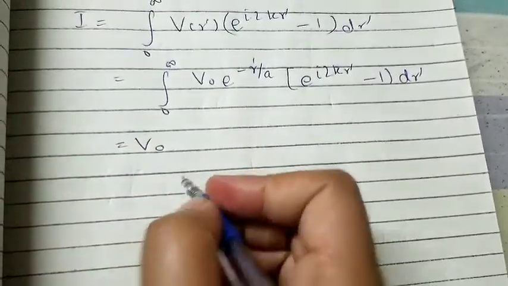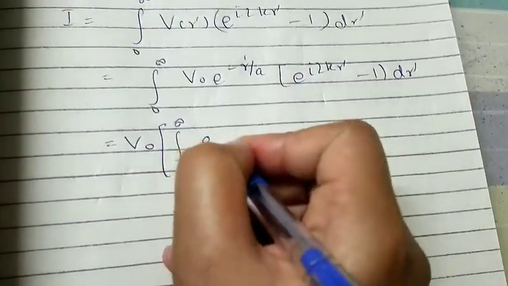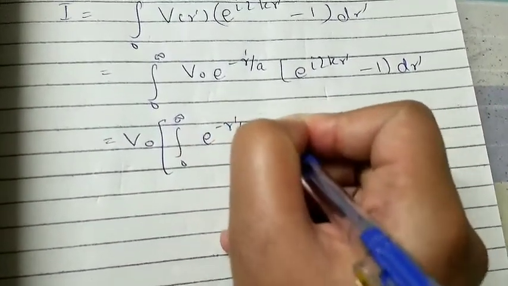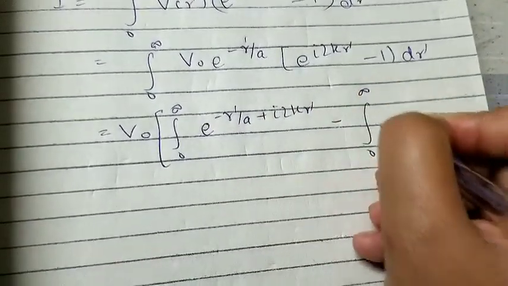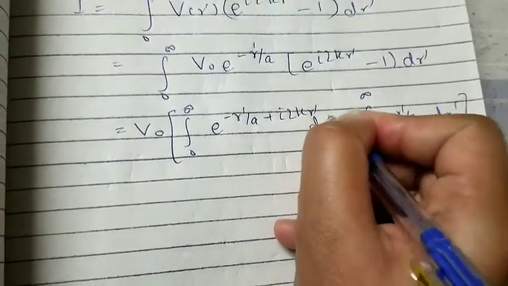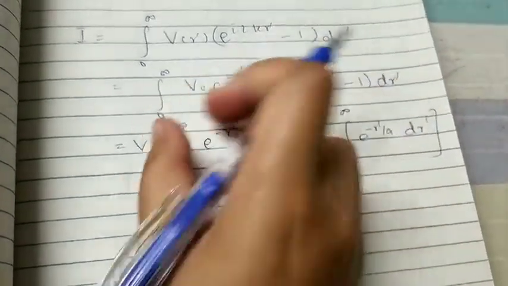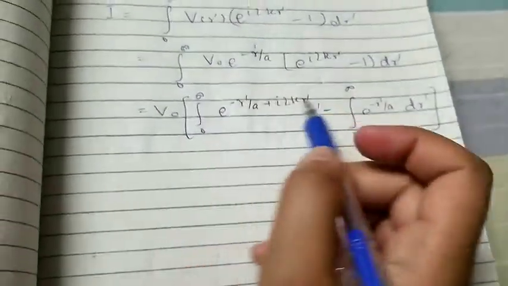Taking v naught outside the integral and multiplying this with both these quantities, the integral will be distributing among them.